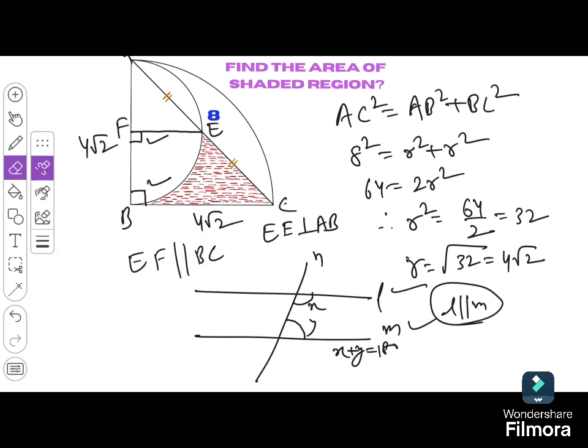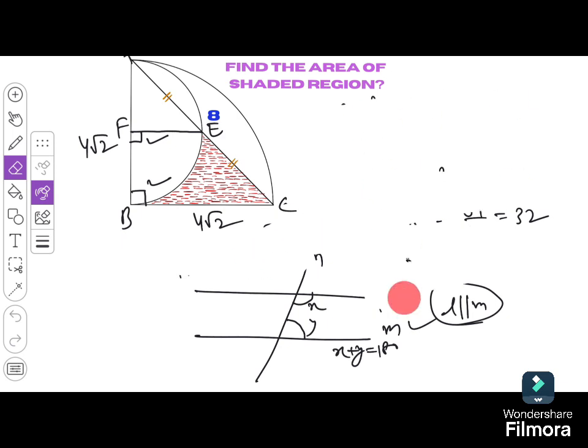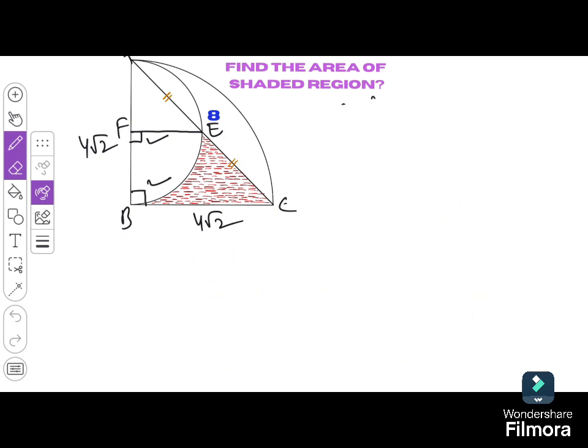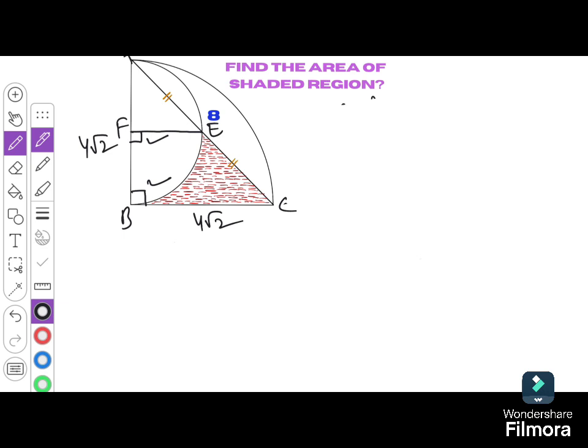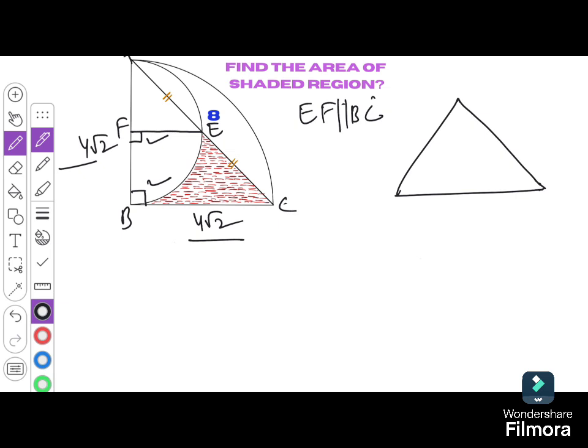Now I am deleting all these things and we will see. Now you see, the length of this one is 4 root 2, this one is 4 root 2, and we have one piece of information, that EF is parallel to BC. Now we will use the converse of the midpoint theorem. You see, there is a triangle ABC, and if P is the midpoint of AB and this line PQ is parallel to BC, there are two pieces of information given.